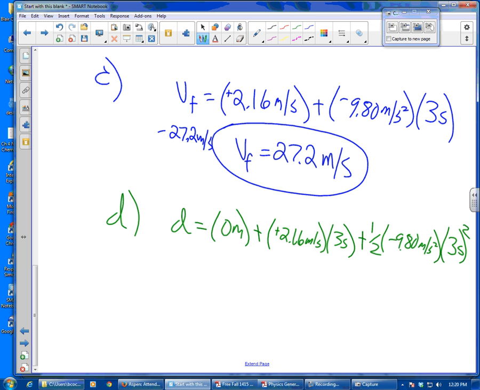Oh, wait a minute. Is that going to tell us how far it is from it, or how far it's fallen? Oh, we may have to rethink these then. Does the balloon stay where it was, or does the balloon keep moving? It keeps moving, and that's why those numbers didn't seem to work out.